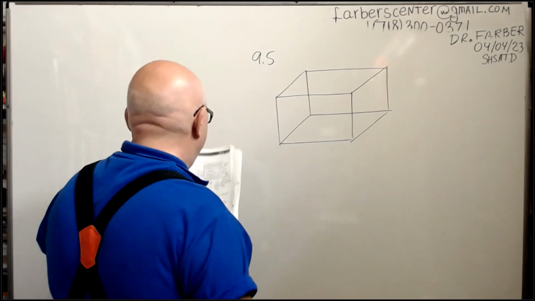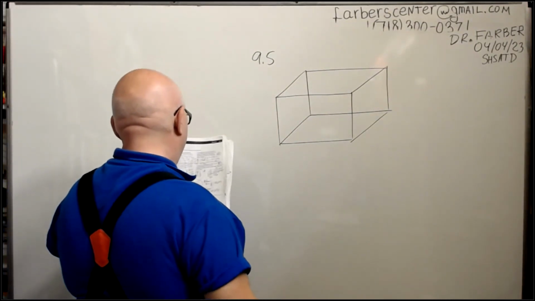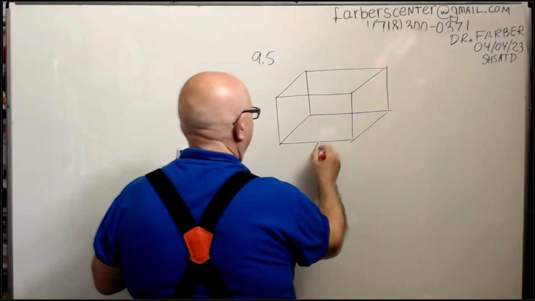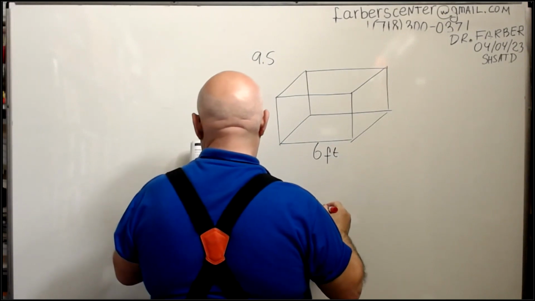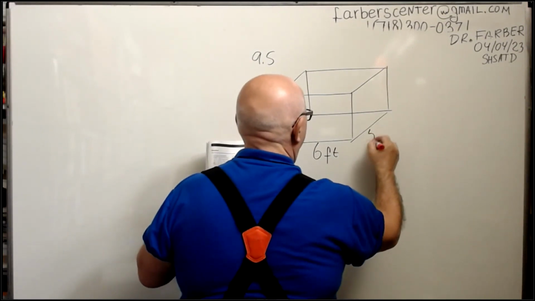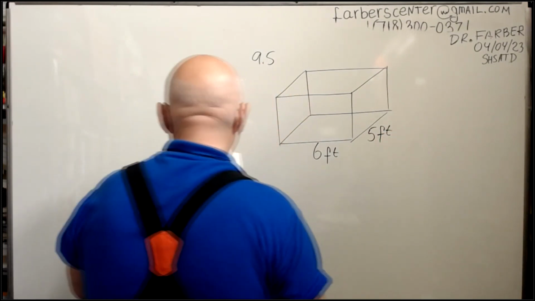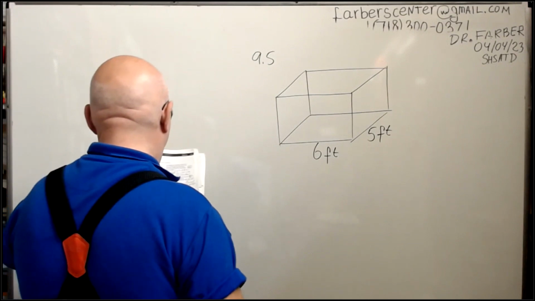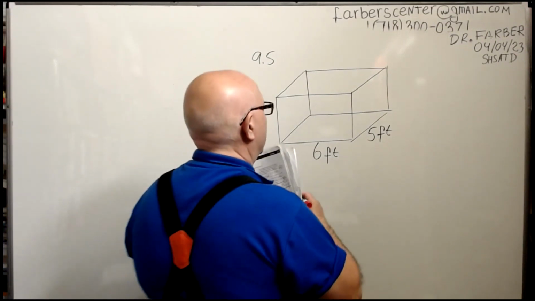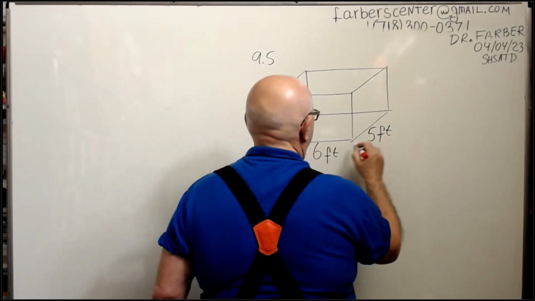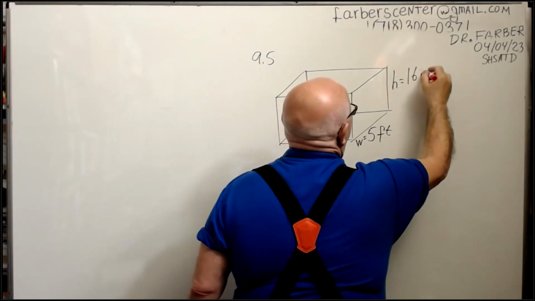And now they said 6 feet by 5 feet. And height is 16 inches. This is length, this is width, and this is height, 16 inches.